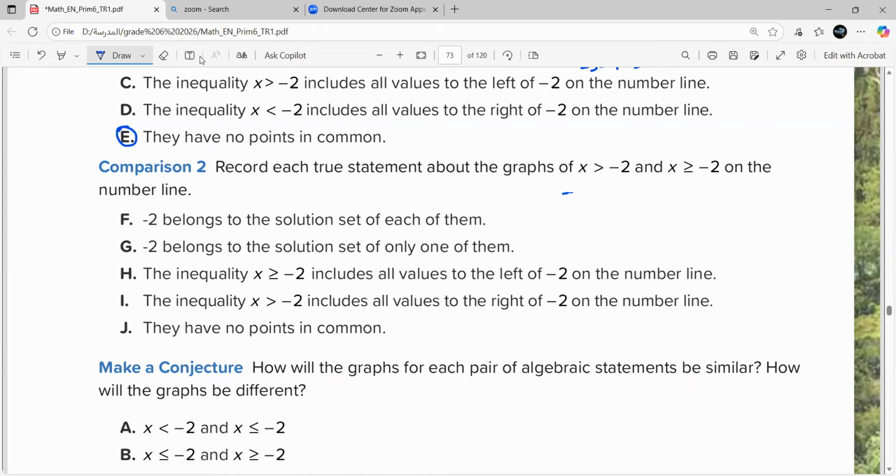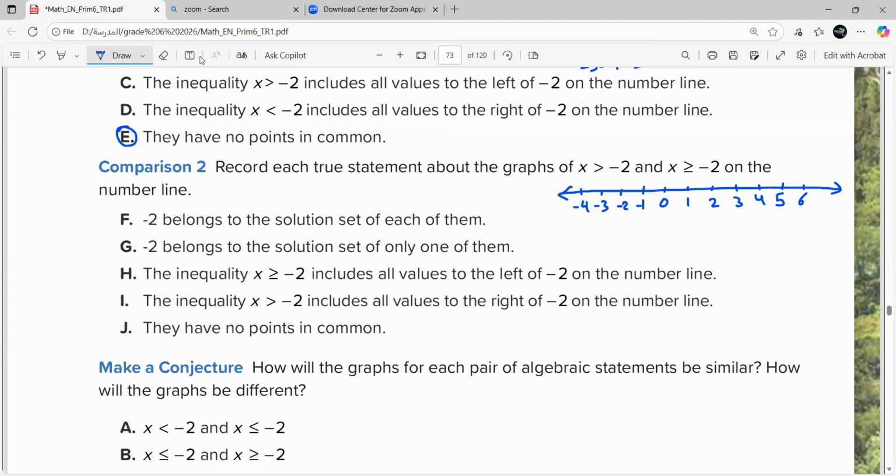What about x greater than -2? Zero, -1, -2, -3, -4, 1, 2, 3, 4, 5, 6, and so on. X greater than -2, so we will start from what?